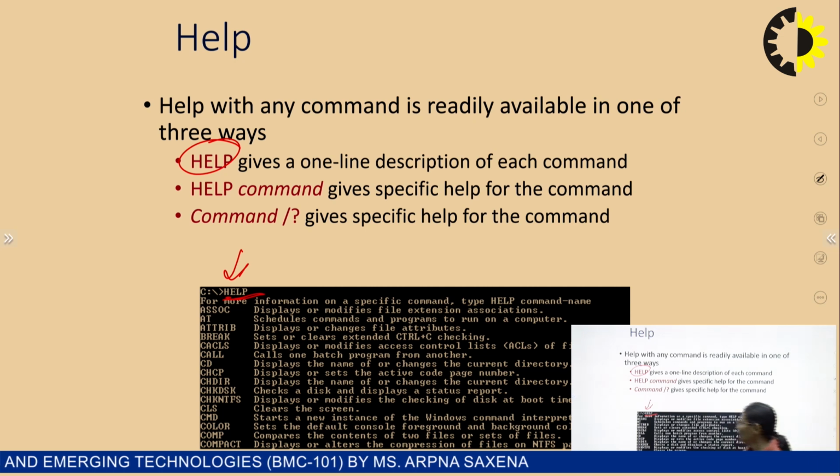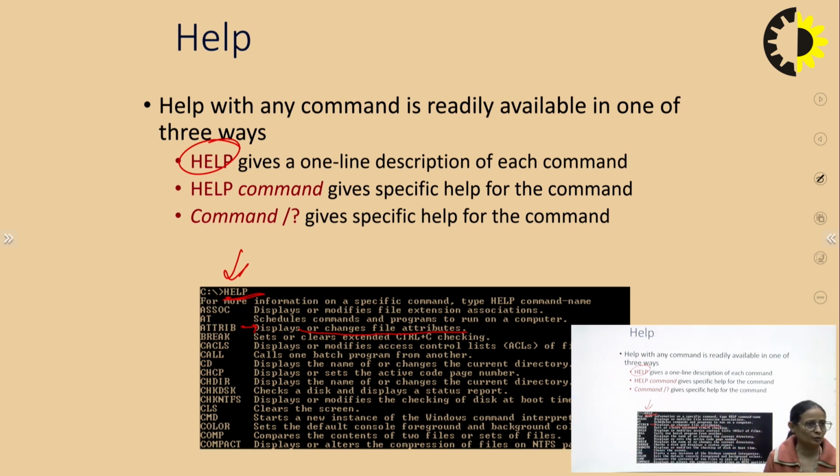For instance, attrib displays or changes the file attributes. If I want to change my file attributes, I will use the attrib command. Similarly, cd displays the name of or changes the current directory. So these are the commands, and what they do, only a one line description.